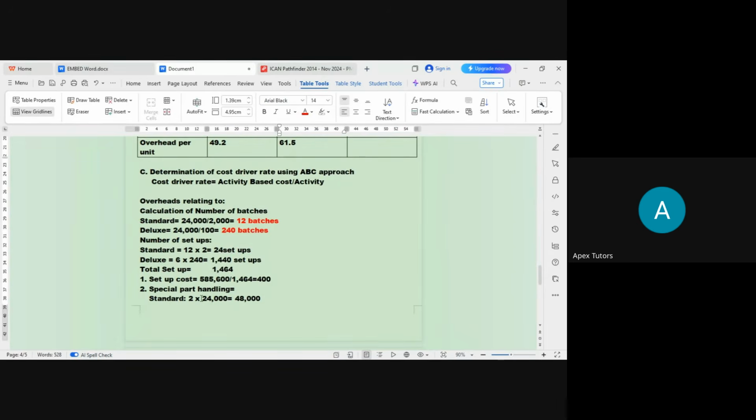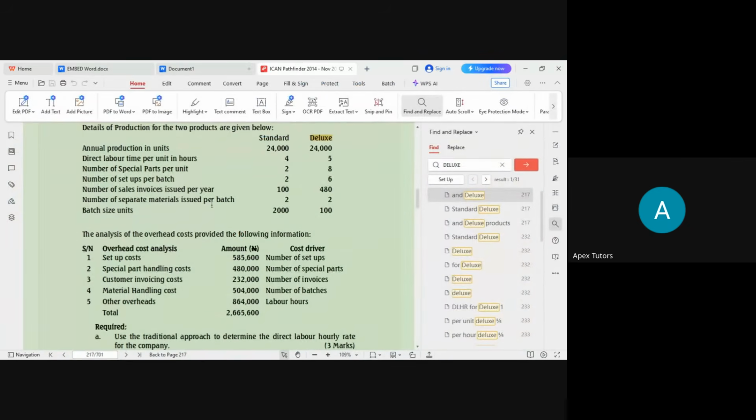Special handling cost. When you go to the question, what is it saying about special handling cost? Special part handling cost, number of special parts per unit. Per unit, so this is related to what? To units.